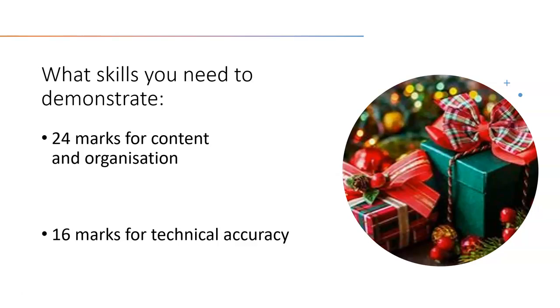So the exam board divide the marking for this question into two parts. You get 24 marks for content and organisation. So you need to write what you've been asked to, write a description or the opening to a story, and use interesting structural devices like a flashback or flash forward. This will help you to create an engaging voice for your writing. It needs to be personal.